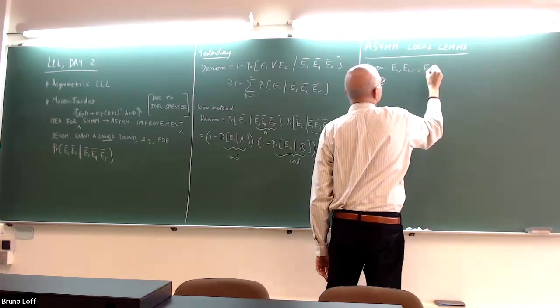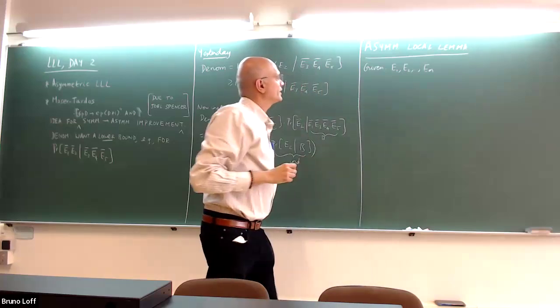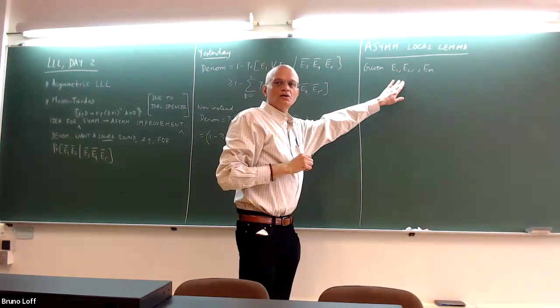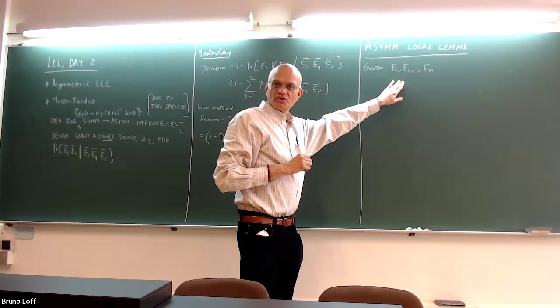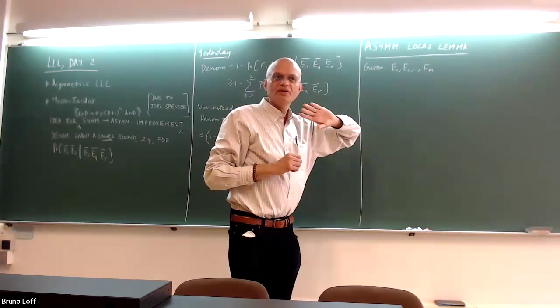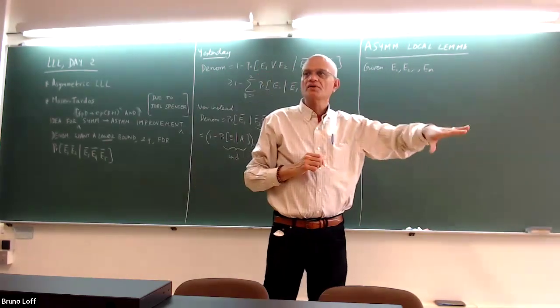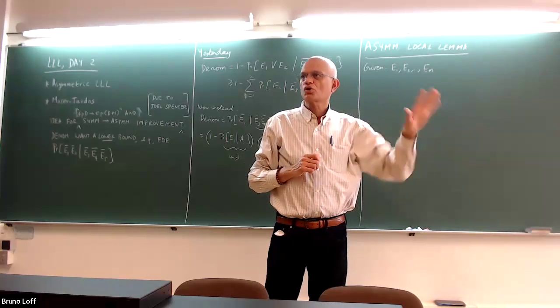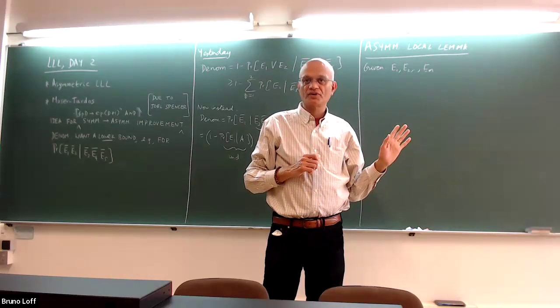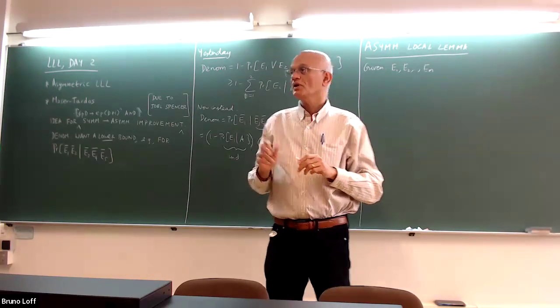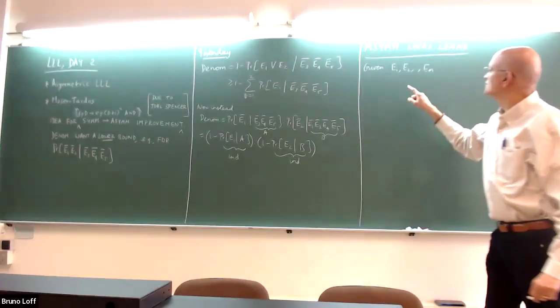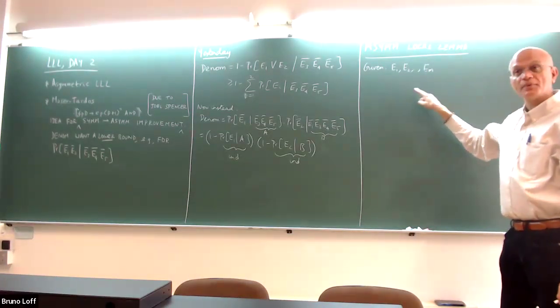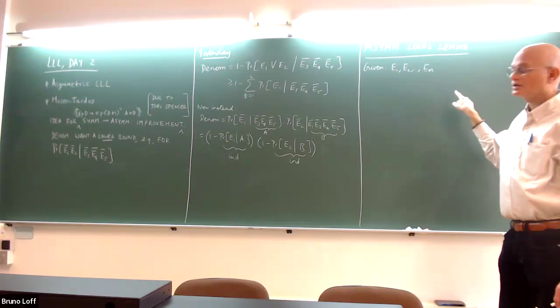Given these events E1 through En, and here we are not assuming the variable version. Remember, almost all applications of the local lemma use the variable version, where you have some underlying independent random variables x1 through xn.